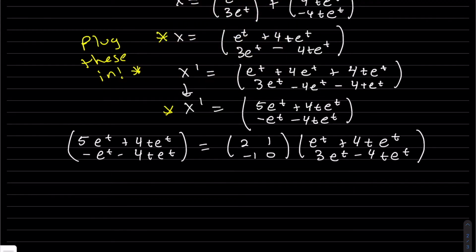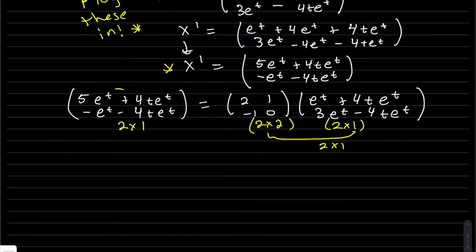Let's remember though, this is a 2 by 1. Because we're adding, this is one row. Here is a 2 by 2. And this is a 2 by 1. When you multiply 2 by 2 by 2 by 1, we will get a 2 by 1.